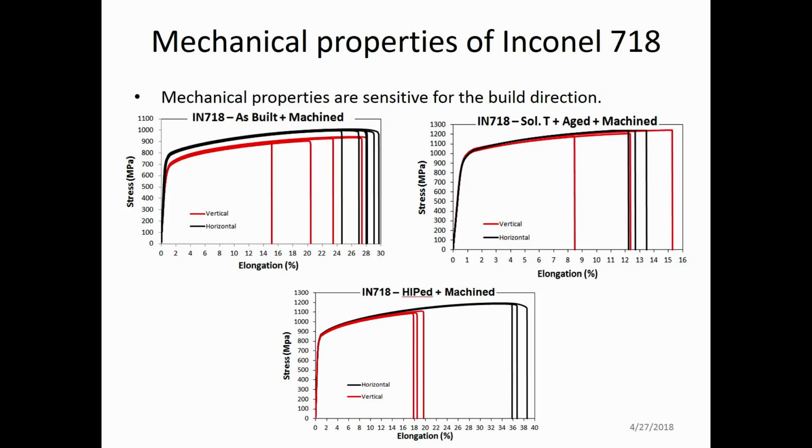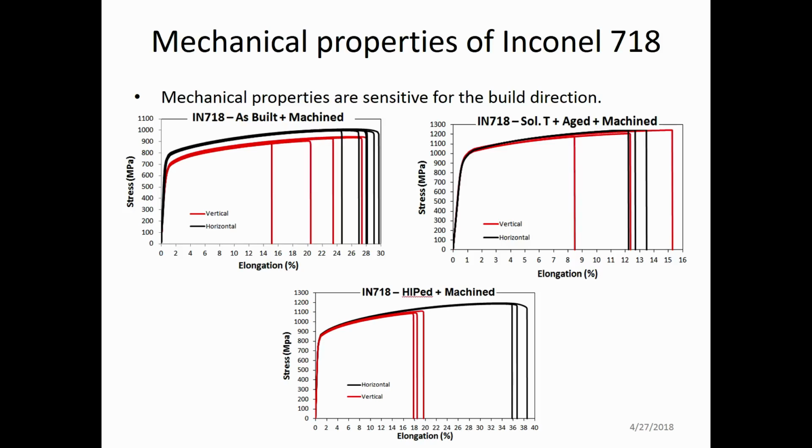These are quotes, these are the built ones. You can see that the vertical is not only not as strong in yield and UTS, but it's also got significantly lower elongation. We see this with the Invar material, the 316. Aluminium is particularly the case, where you've got much lower elongation, so much more brittle types of alloys that we'd work with. But the heat treatments do pretty much the same thing.